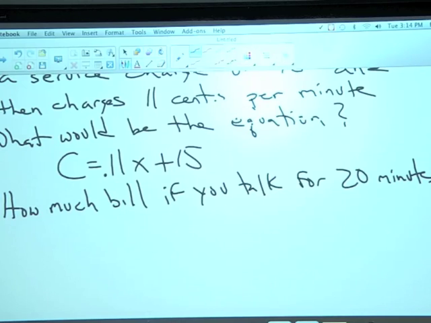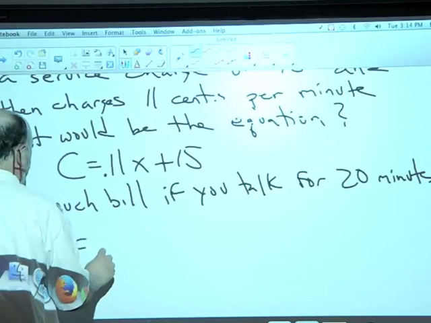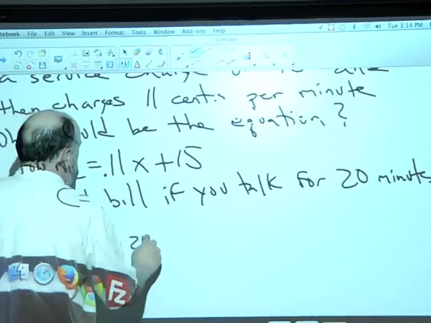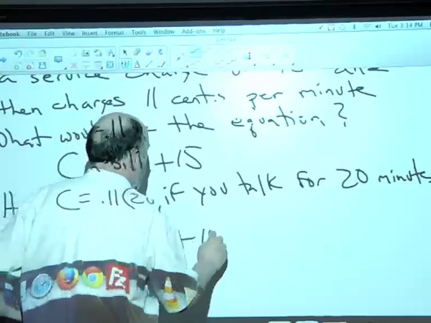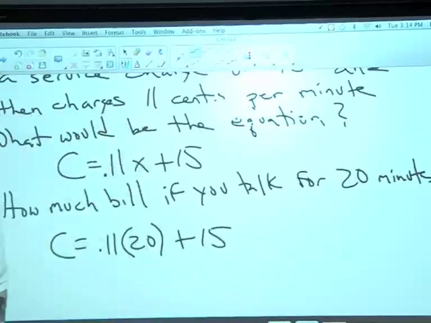So now what you do is you take your equation, where you see the x, you would now plug in the 20, right? So y, or cost, is going to be 0.11 times 20 plus 15. So the cost here ends up being what? 17.20.